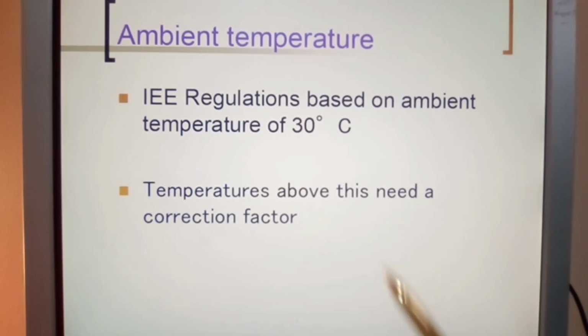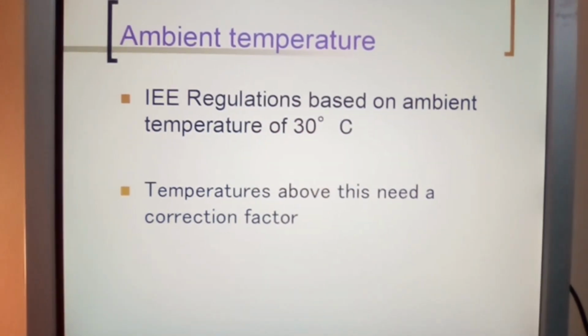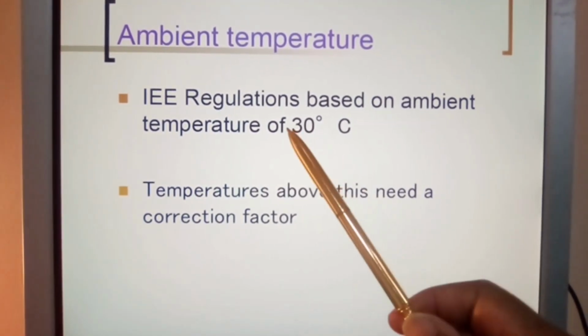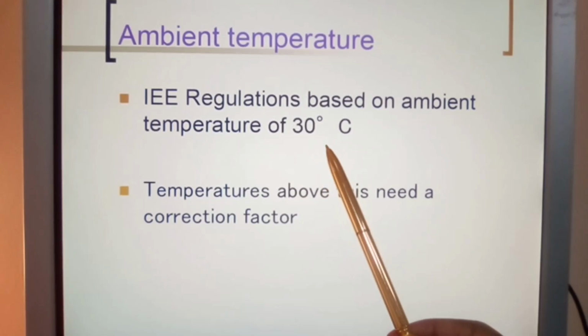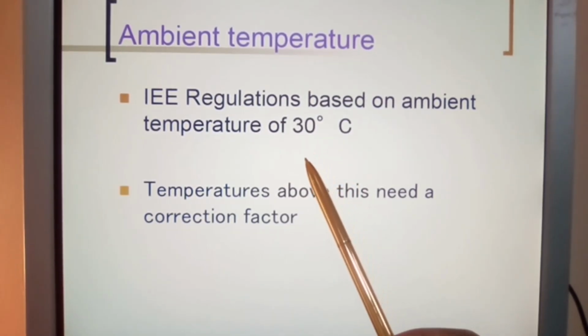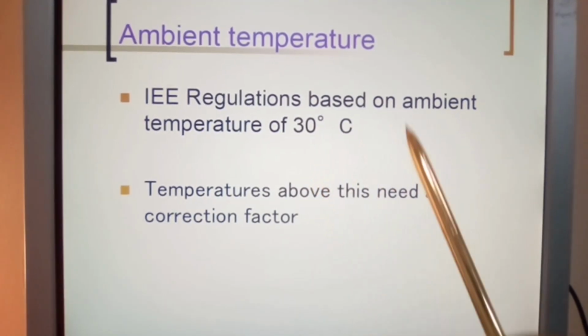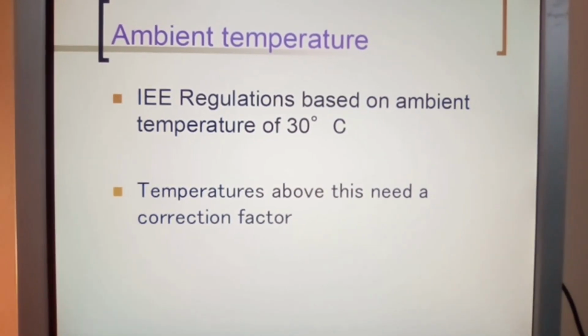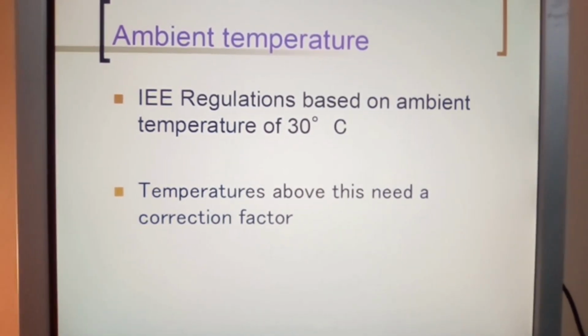Again, confirm with the IEE regulations that it is current and there have not been any changes to it. The 30 degrees gives me an idea of any possible change you need to take into account. Temperatures above this need a correction factor.